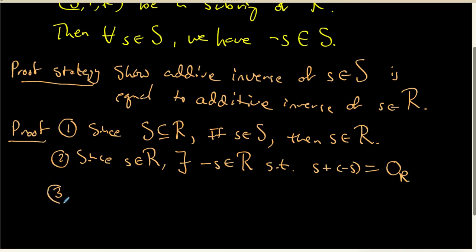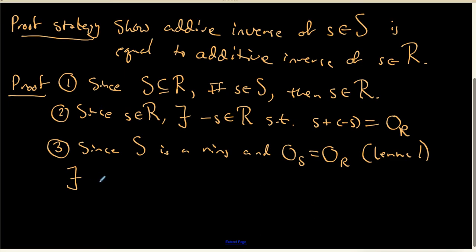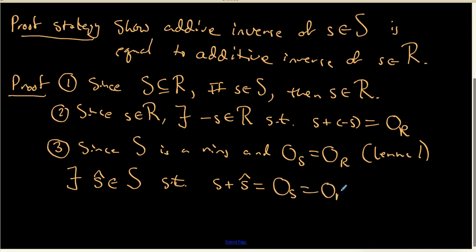Now the third thing we know is that since S itself is a ring, and the additive identity element in S is the same thing as the additive identity element inside R by lemma 1, we also know that there exists some element that I'm going to call s hat inside capital S, such that s plus s hat is equal to 0_S, which is equal to 0_R.